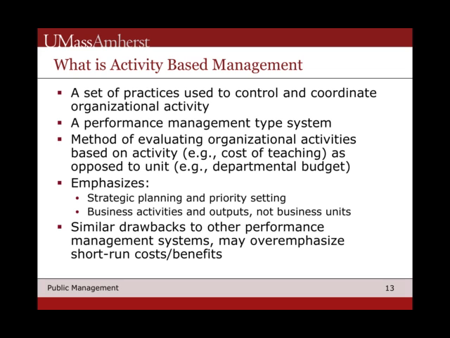So it is a particular way of evaluating organizational activity that's based on the activity itself. I'll give you an example from some university activity-based management: they're looking at things like the marginal costs of teaching as opposed to overall what a department might need. The overall emphasis here is on strategic management, strategic priority setting, and in particular, thinking about activities and outputs and not business units per se.